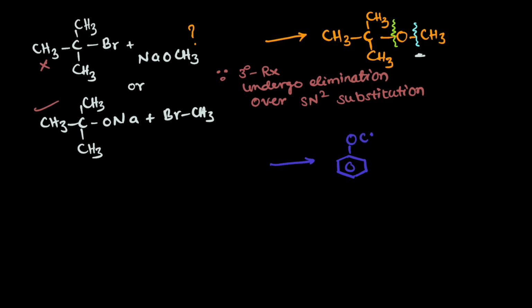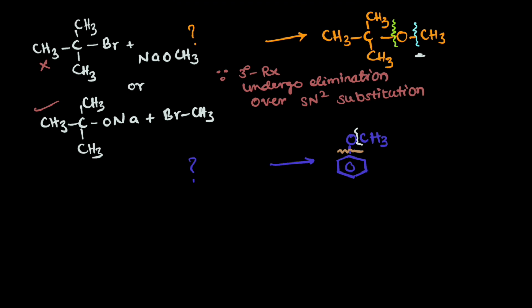Next, another such example, methoxybenzene. This is called anisole. How do we prepare this anisole, by which alkyl halide and which alkoxide ion? Here also there are two types of bond breaking over this oxygen, one yellow color, another light yellow color.